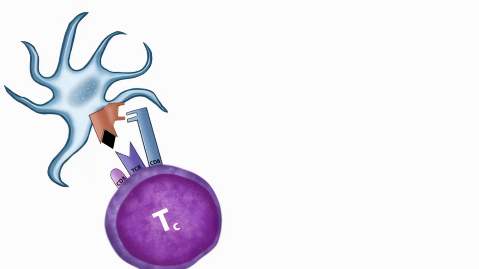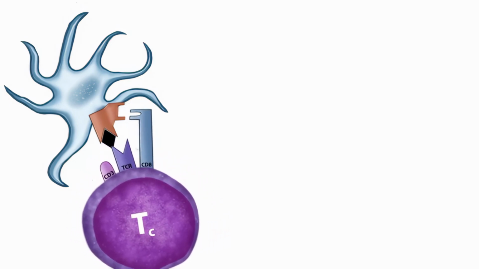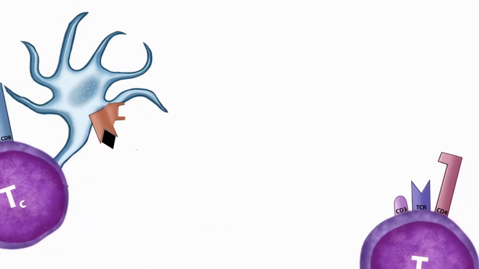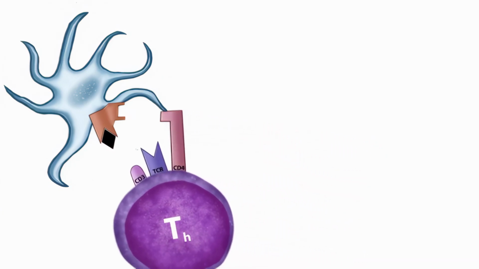The way this works is after the antigen-presenting cell phagocytoses that pathogen and digests it, it puts a piece of the antigen on the surface attached to the MHC2 molecule. Then that antigen-presenting cell can start presenting this antigen to every T cell it meets, looking for one with matching T cell receptors.